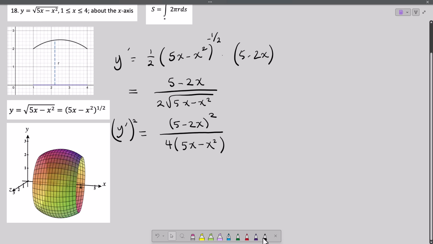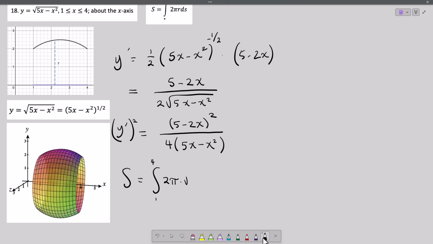So the surface area, capital S, is the integral. They give us limits of integration of 1 and 4. And then it's 2 pi times the radius. The radius is the function. The function measures this distance down to the x-axis.